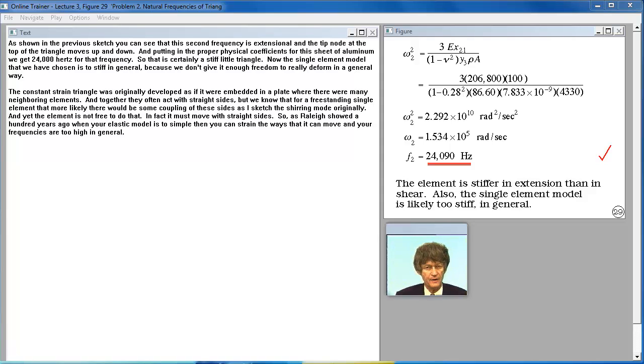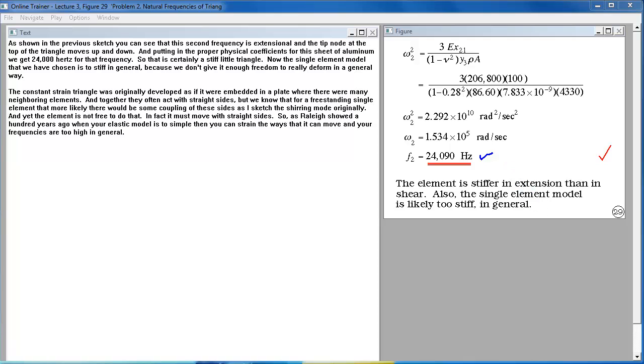As shown in the previous sketch, you can see that this second frequency is extensional, and the tip node at the top of the triangle moves up and down. Putting in the proper physical coefficients for this sheet of aluminum, we get 24,000 hertz for that frequency. So that is certainly a stiff little triangle.